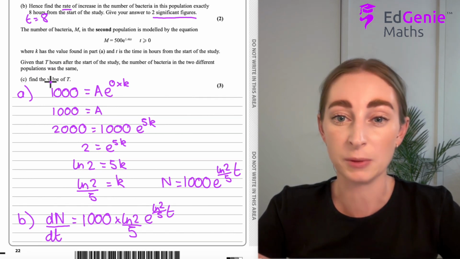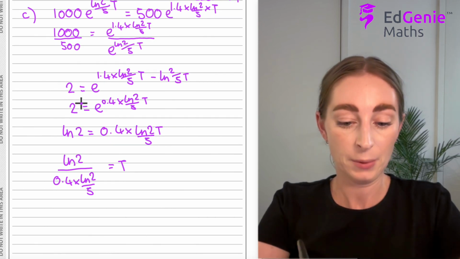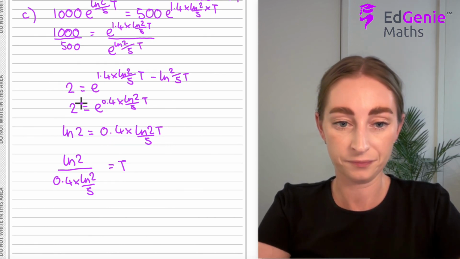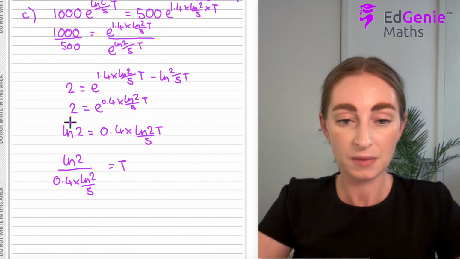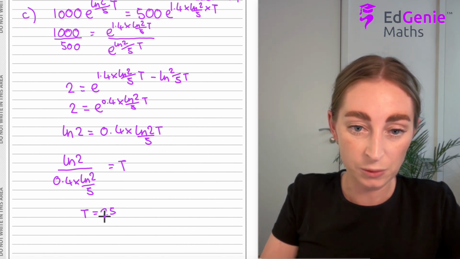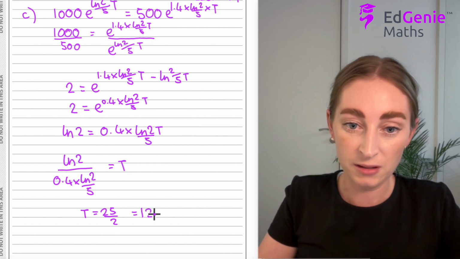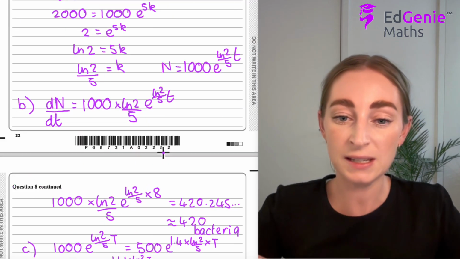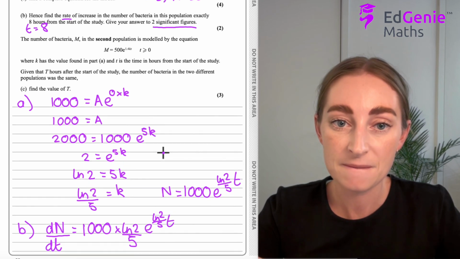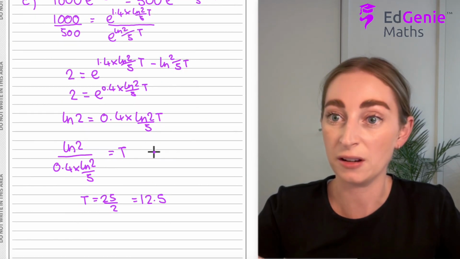Oh, so it didn't in this part. So let's see what it is. Put the whole thing into your calculator. Oh, that's worked out really nicely. I've got t equals 25 over 2, or I could write that as 12.5. And was it in hours? Yeah, hours. So it's 12.5 hours, isn't it?